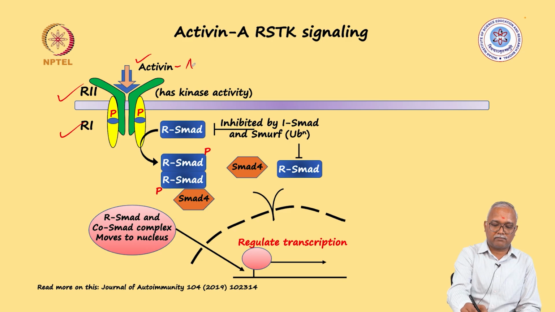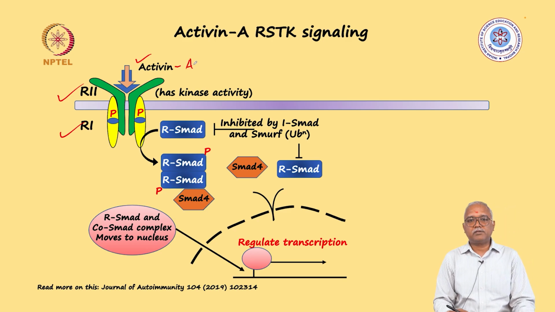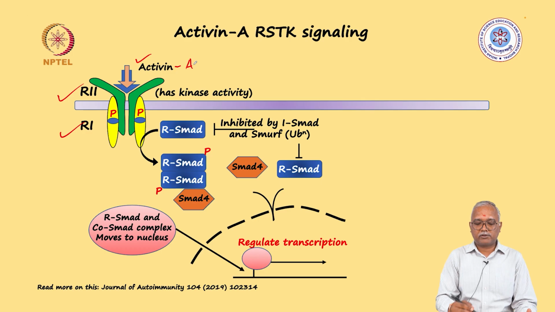Here we are saying activin A. The proteins or the cells which often make activin A also respond to another molecule which is called inhibin, so basically simultaneously regulating the activin receptor activity. The two classes of receptor coming into tetrameric assembly follow the canonical pathway where R-SMADs are phosphorylated, they bind with the co-SMAD, go inside the nucleus, and regulate the transcription.